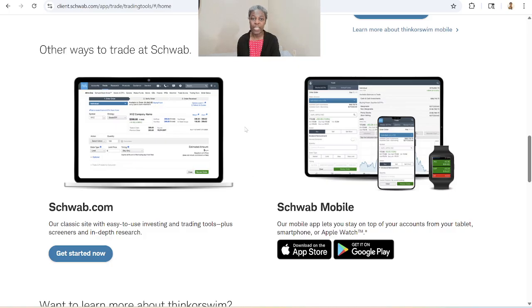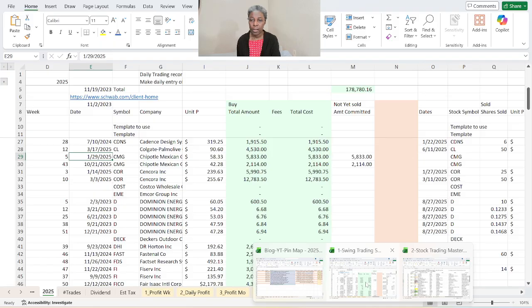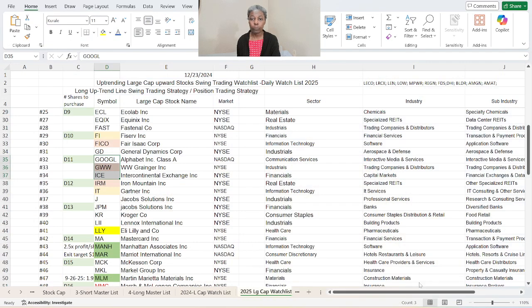And I will use their chart to check when that company went public, or how far in history they have a chart available for that company. And I found the Charles Schwab chart to have more extensive information on that than Thinkorswim. Maybe Thinkorswim is newer, I'm not entirely sure.